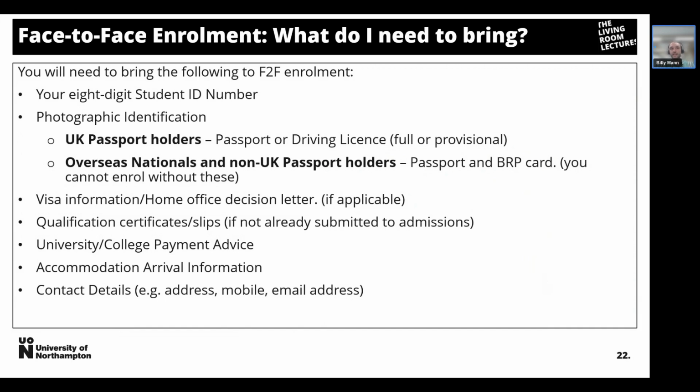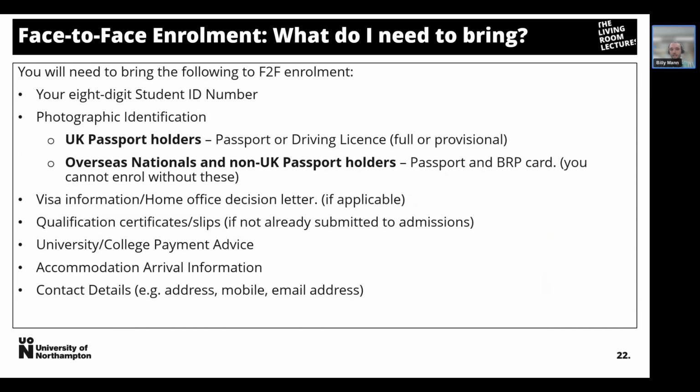And it's also a good idea to have any confirmation of your fees and your payments, as well as accommodation and arrival details. And also do make sure you know any contact details that we might need from you as well.